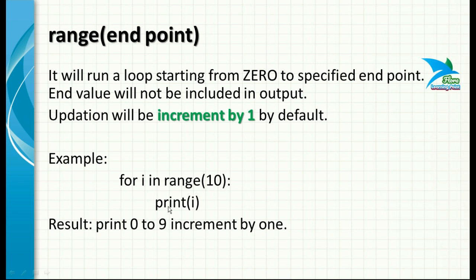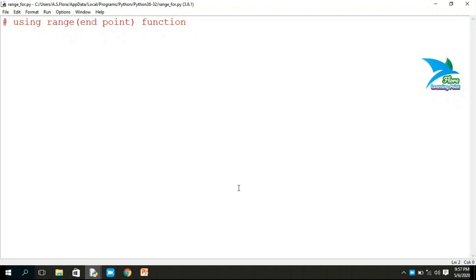So for example, for I in range 10. If you run this loop and print the value of I, then it will generate output starting from 0, that is the default initial value, to 9, that is 1 less than the specified endpoint, and the increment amount in I will be by 1.